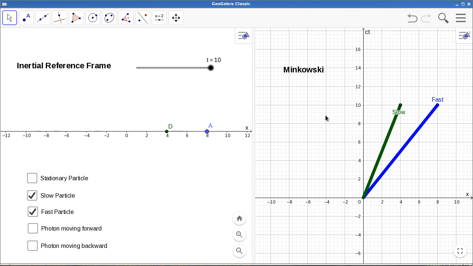A fast moving particle will have lesser slope, and the particle which can move at maximum possible speed is none other than light. The light will travel at the maximum possible speed in nature. So if this is the scenario, how will the trajectory of a light be?